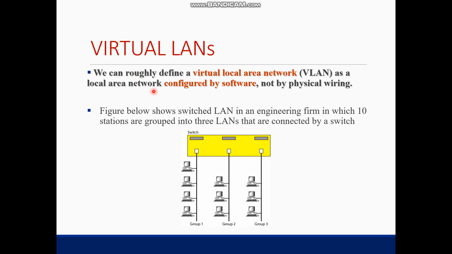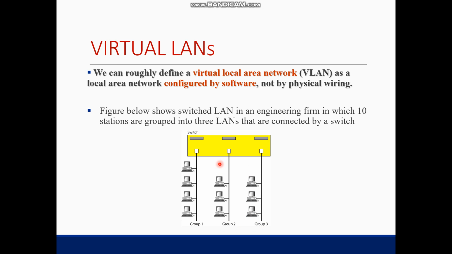In this figure, we can see an engineering firm where 10 hosts or 10 stations are connected together using a LAN. But they are grouped into three different groups: Group One, Group Two, Group Three. So this is an example. We are going to cover this example using the virtual local area network.